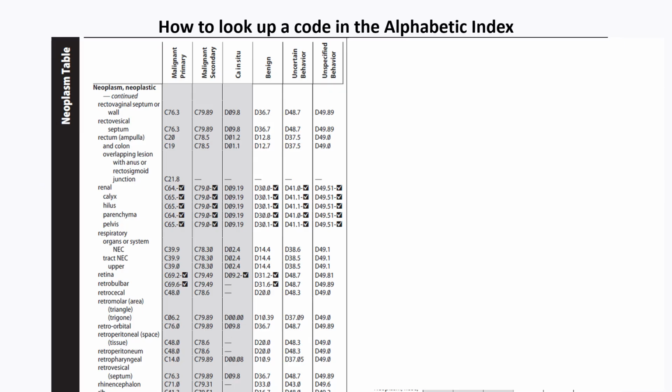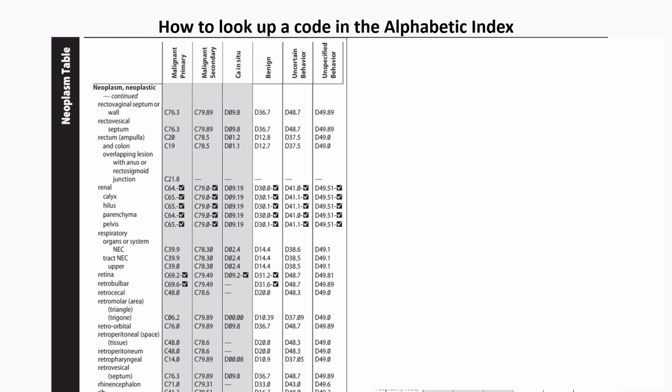Let's take a look at the alphabetic index's neoplasm table. Remember, these neoplasm tables have to be looked up first for neoplasms, and they are arranged alphabetically.